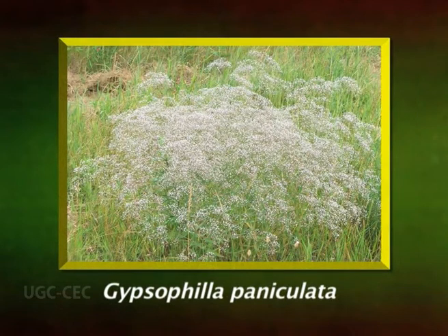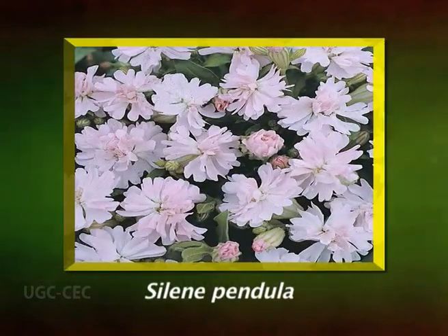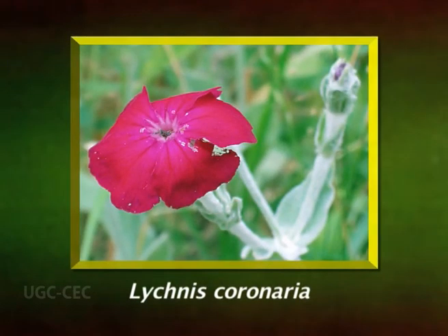Gypsophila paniculata or baby's breath is a good choice for cut flowers and is also effective for a perennial border. Silene pendula or catchfly is grown for mixed or annual borders and rock gardens. This species is also grown for cut flowers. Lychnis coronaria or campion is a choice plant for wild gardens or along the herbaceous borders.